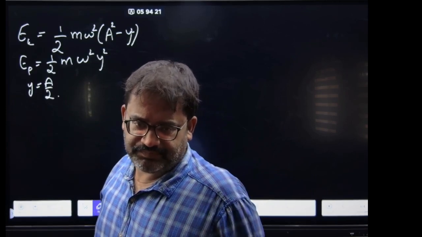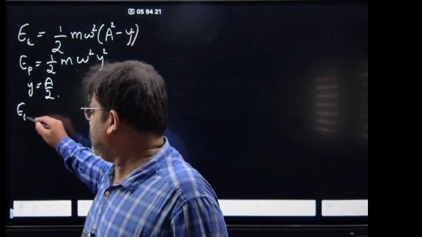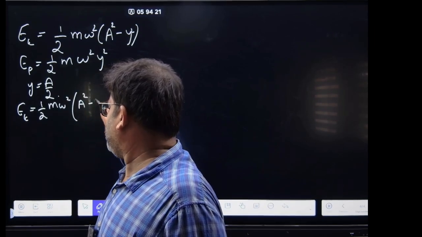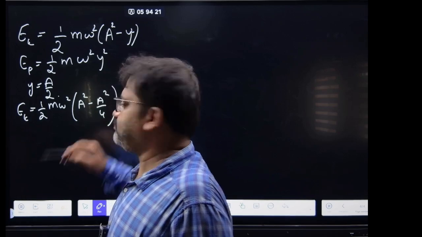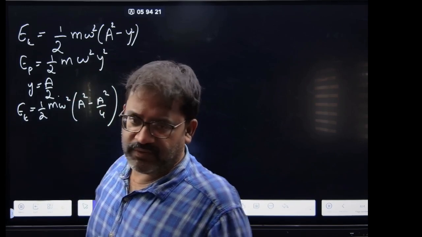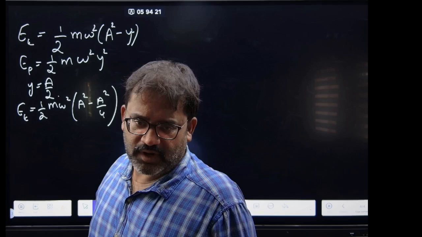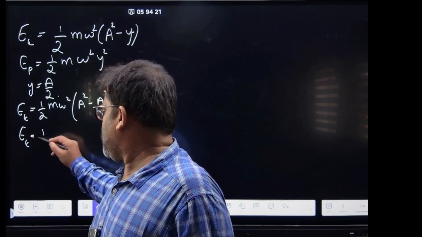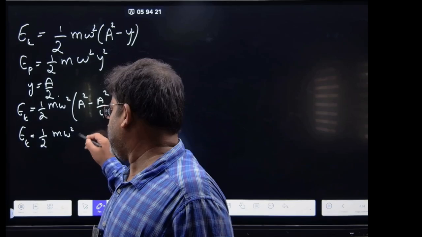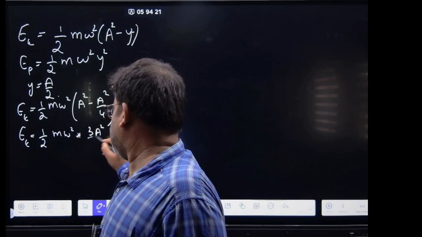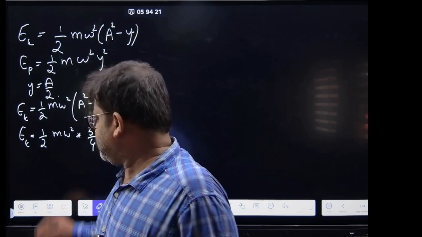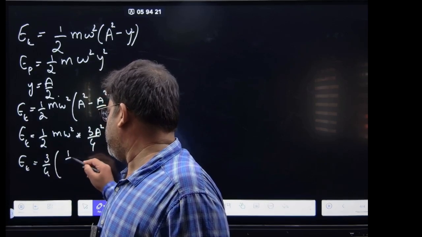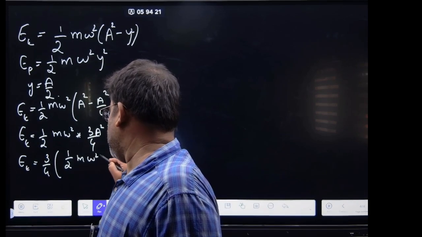That is the question. That means kinetic energy is equal to half m omega square in the bracket A square minus A square by 4, because this is A by 2 the whole square, which is A square by 4. So Ek is equal to half into m omega square into 3A square by 4. So I can write Ek is equal to 3 by 4 times half m omega square A square.